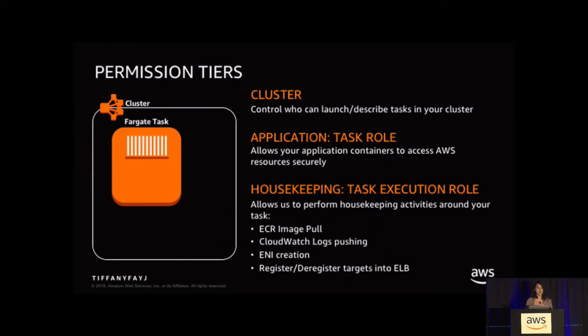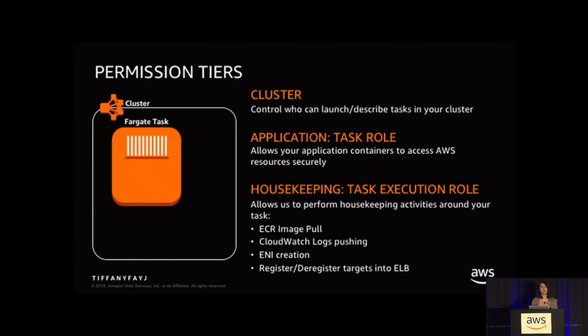We also have the concept of a task execution role, which I had mentioned a little bit earlier. It allows you to do things such as pulling from private registries. So say if you were using a secrets manager with a private registry, or if you used ECR, or if you want to create CloudWatch logs and push to CloudWatch logs, you need to set that all up.